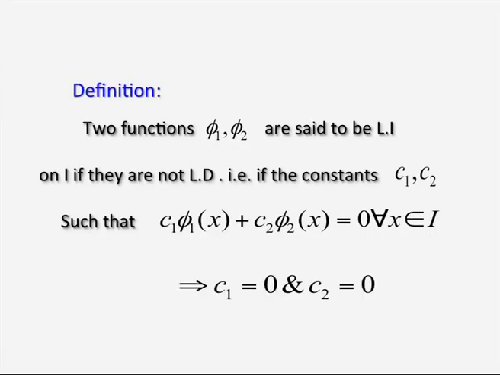Two functions φ1 and φ2 are said to be linearly independent if they are not linearly dependent. That is, if the constants C1 and C2 are such that C1 φ1 plus C2 φ2 is equal to 0 for all x belongs to I, which implies that both C1 and C2 should be 0.